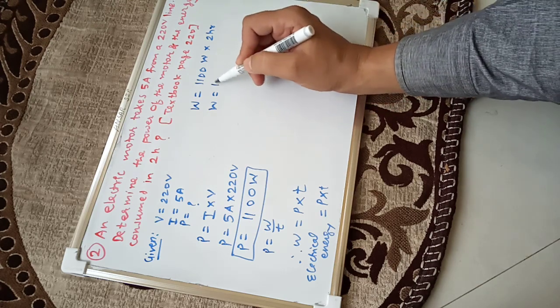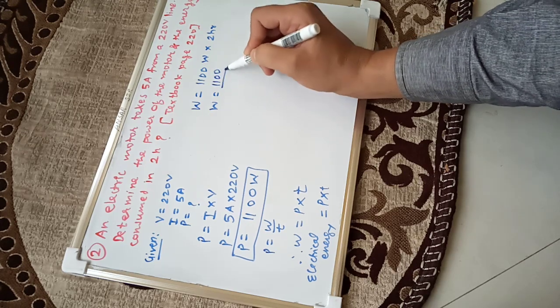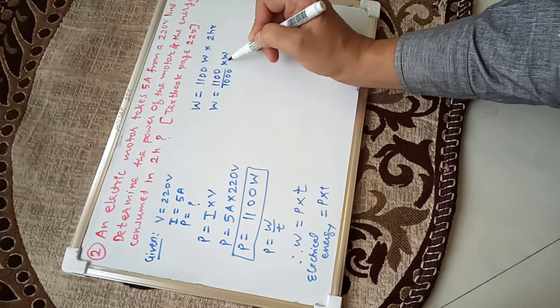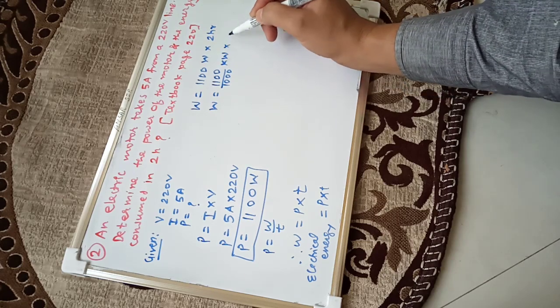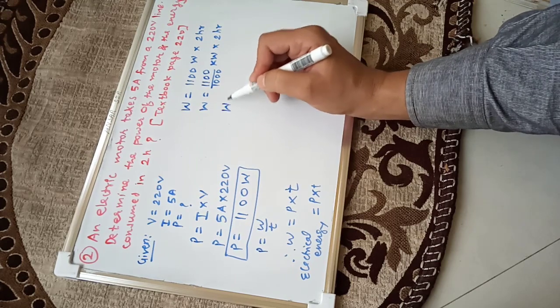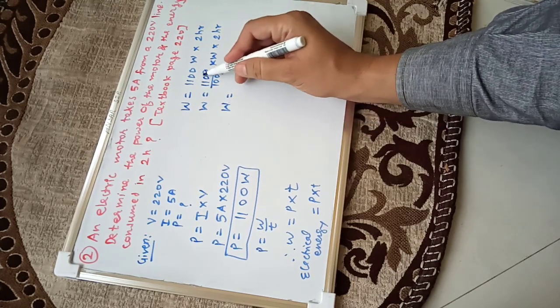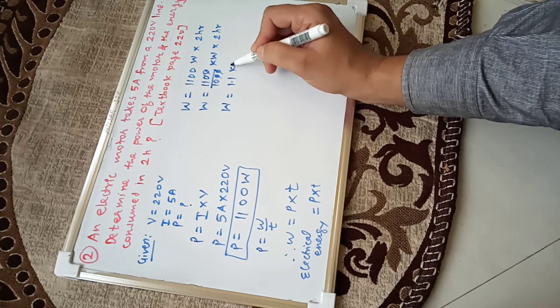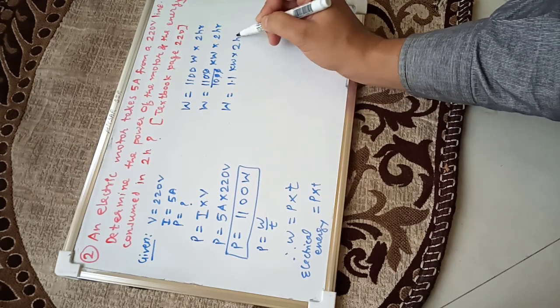So to measure power in kilowatt we have to divide it by 1000. Time is already written in hours, so we don't need to convert it. Here it will become 11 by 10, means 1.1 kilowatt into 2 hours.